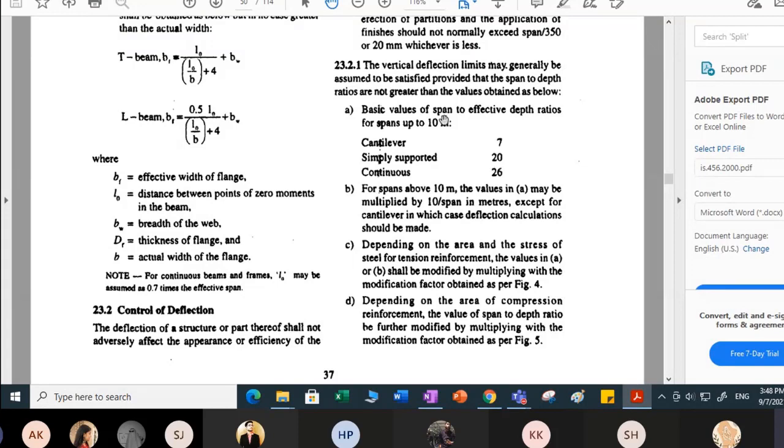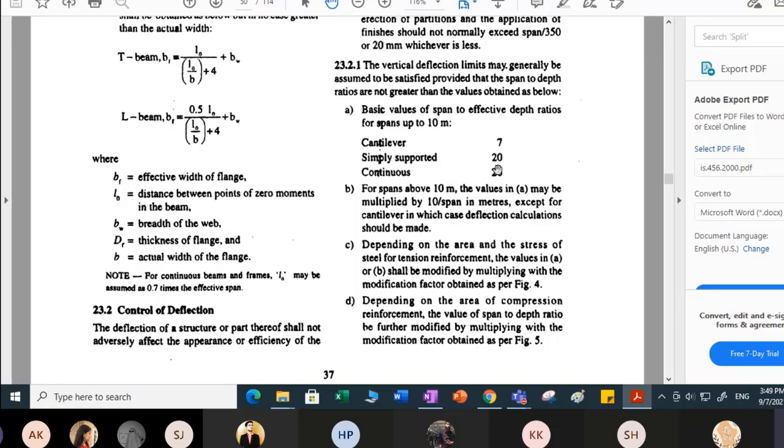It means the span to effective depth ratio for a span up to 10 meter. And what is the span of the beam? We have a 6 meter beam. So I should make sure that the span to effective depth ratio of the problem should not be more than 20.